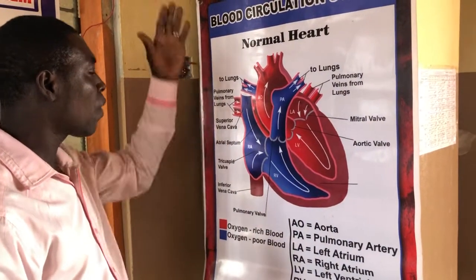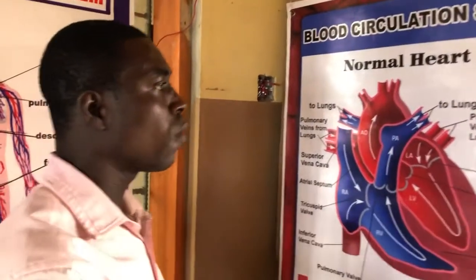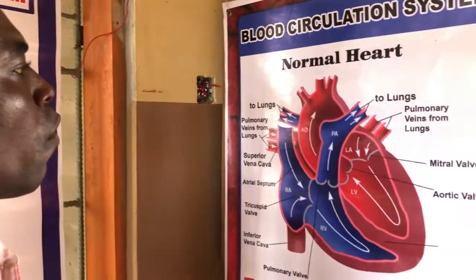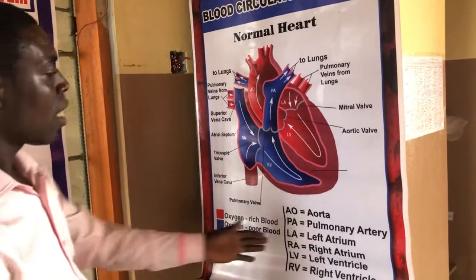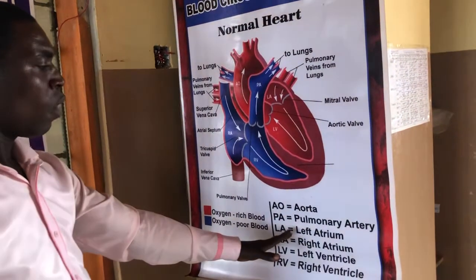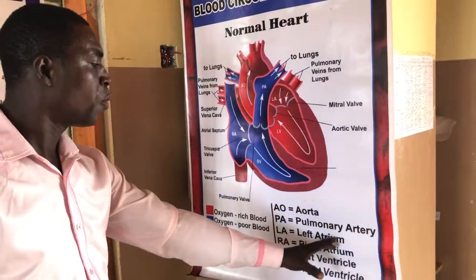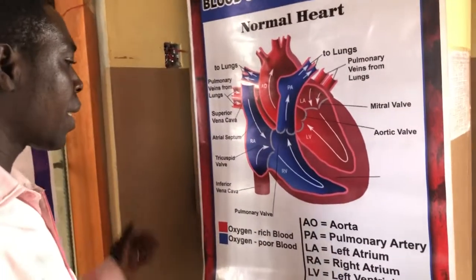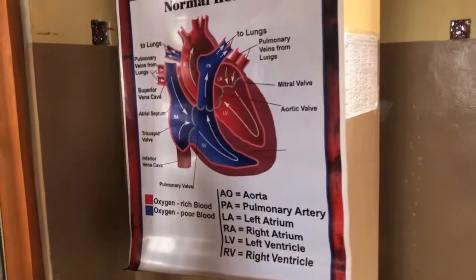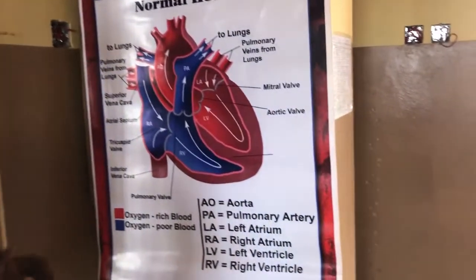The septum divides the heart into 4 chambers, which are made up of the left atrium, the right atrium, the left ventricle and the right ventricle. So these are the 4 main chambers of the heart.